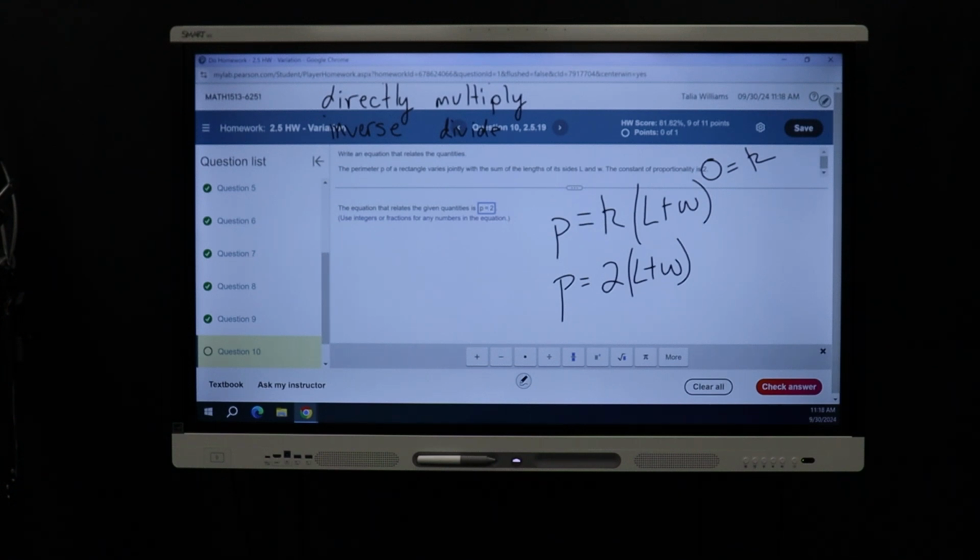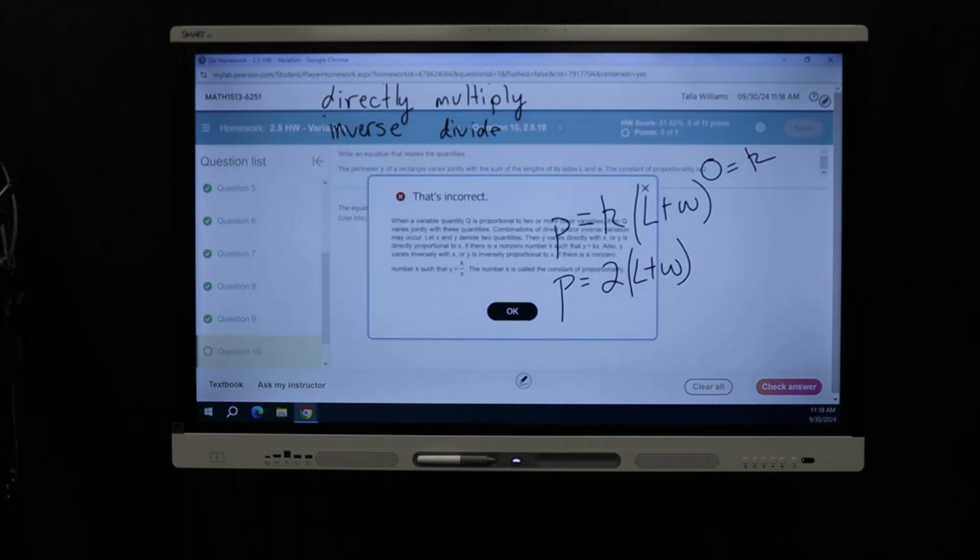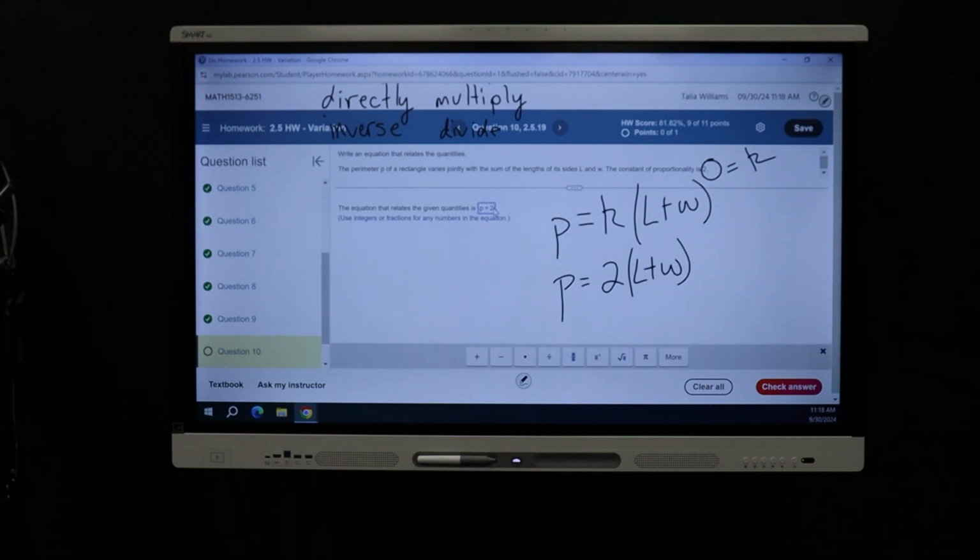I know this because I was doing it in class, and when I got it wrong, I looked at my work. I think I was hitting enter instead of shift. I looked at my work and I was like, I didn't do anything wrong though. But you have to put P equals. This is the first problem. You actually have to put it equals something.